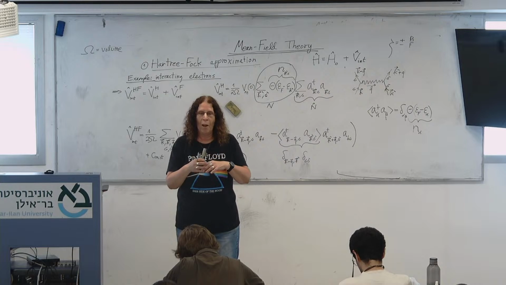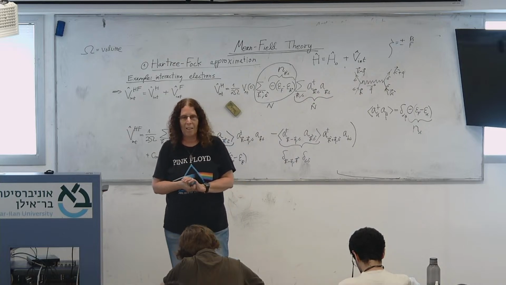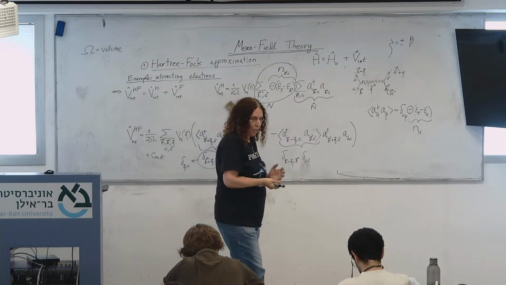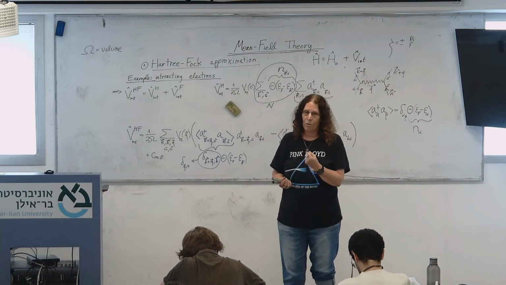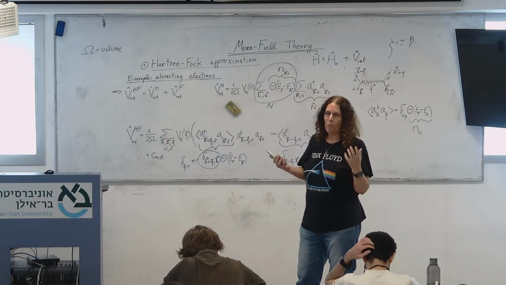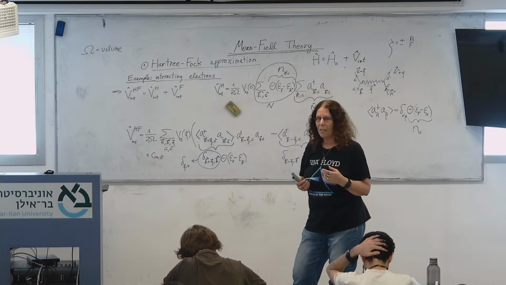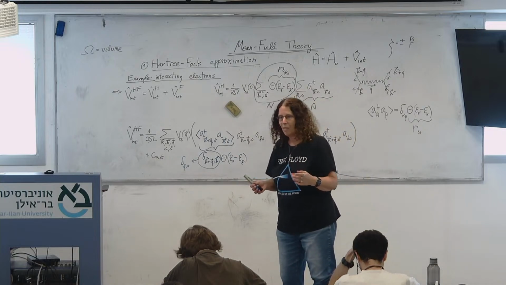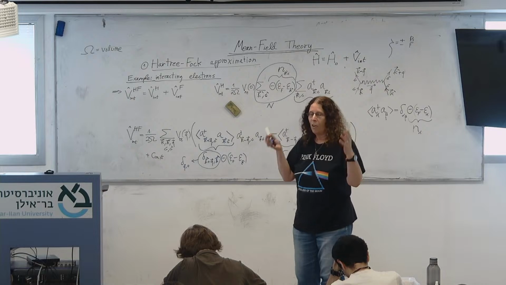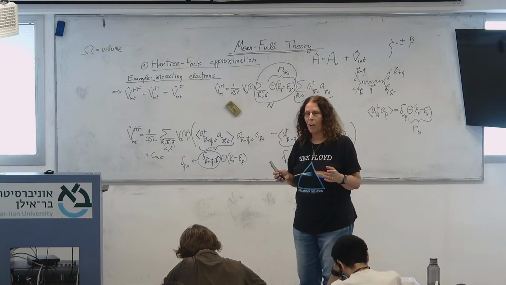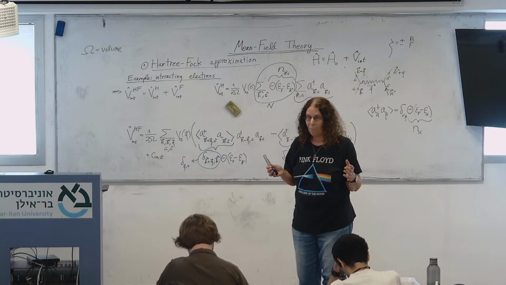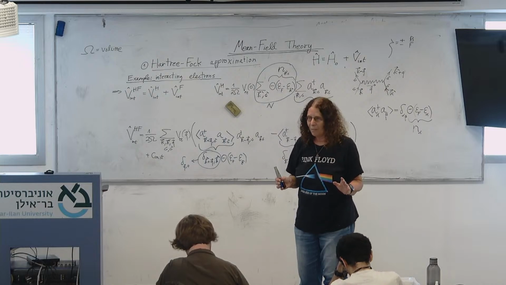So if you think you have an electron gas and there's a Coulomb interaction, in the mean field approximation you replace all the other electrons by a huge macroscopic chunk of negative charge. This is what it means, okay?